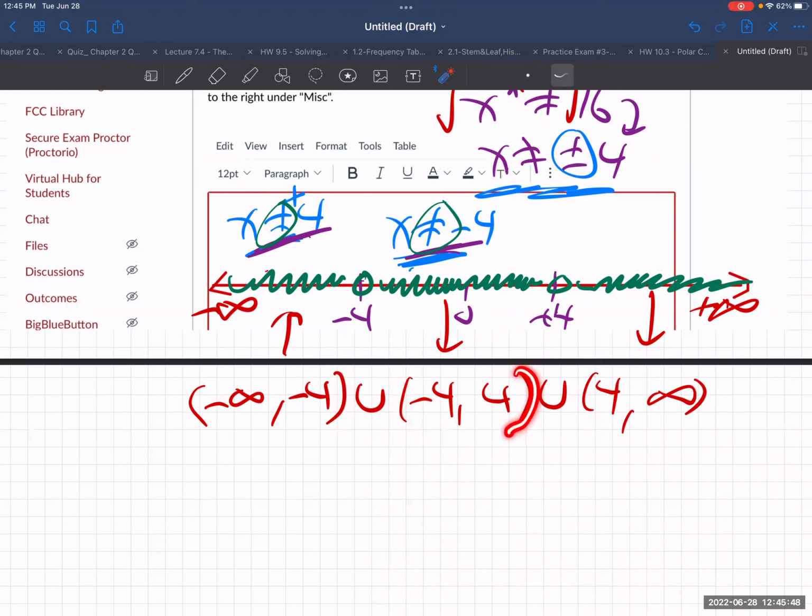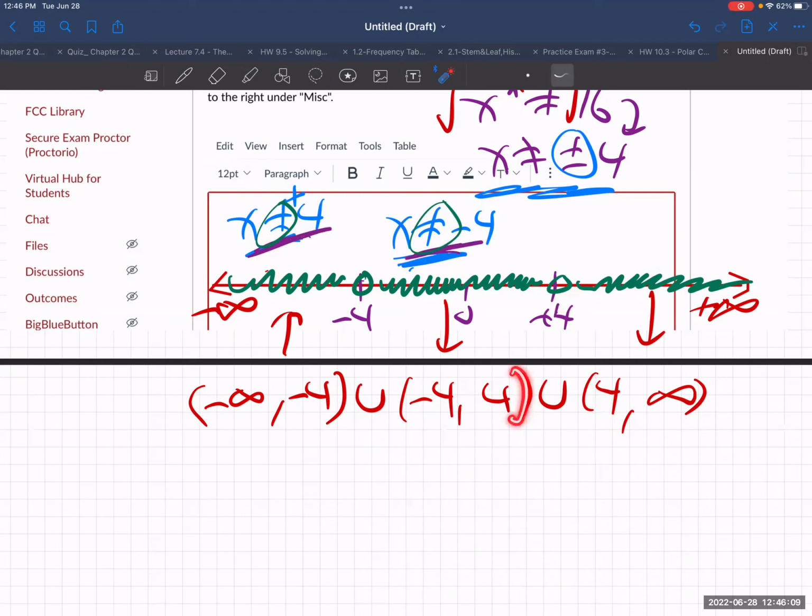We have parentheses. Why? Because we're not straight on the number. We're just around it. Parentheses are rounded. You're around the 4, but not right on the 4. So this interval and this interval are both around the 4, but you're not straight on the 4. Do you see the 4 is being left out, which is correct. We're supposed to not equal 4 and not equal -4.